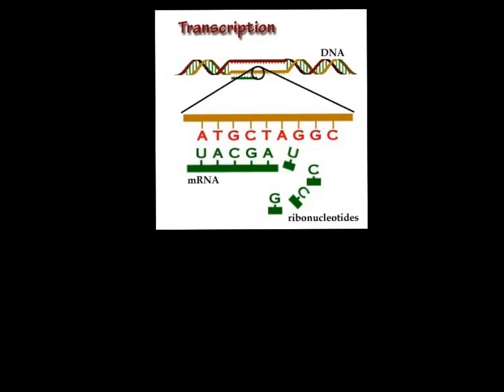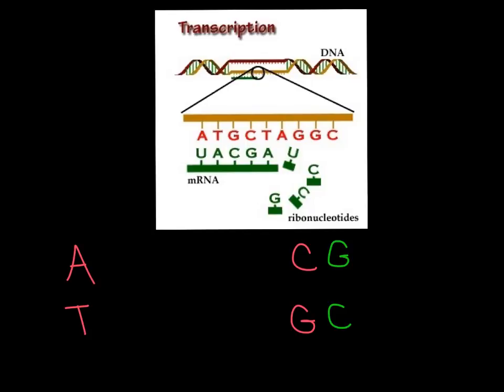Remember, the RNA polymerase matches up the new ribonucleotides, the building blocks of the RNA, to the DNA code. So if we do our DNA in red, we have 4 possible bases, A, T, C, and G. The RNA that matches up: G's and C's are still exactly the same, so C and G are complementary bases.